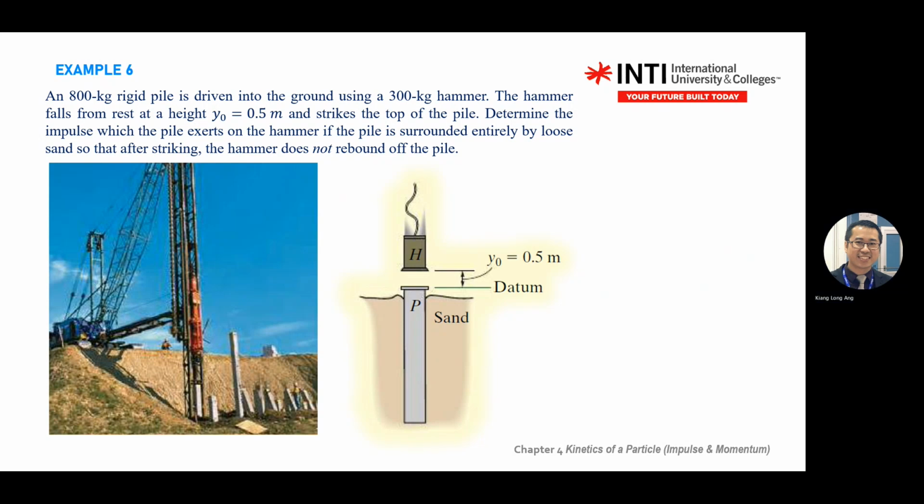If two bodies, you have 2 scenarios. After hit, join together. After hit, bounce back. So you have 2 equations. If separate, you have 2 bodies: m1 v1 plus m2 v2 equals m1 v1' plus m2 v2', because different velocity.